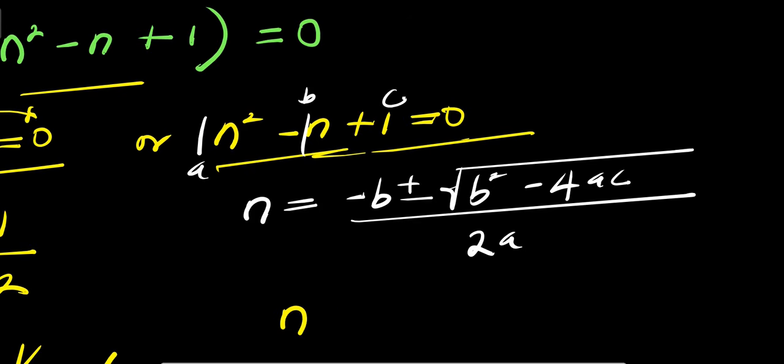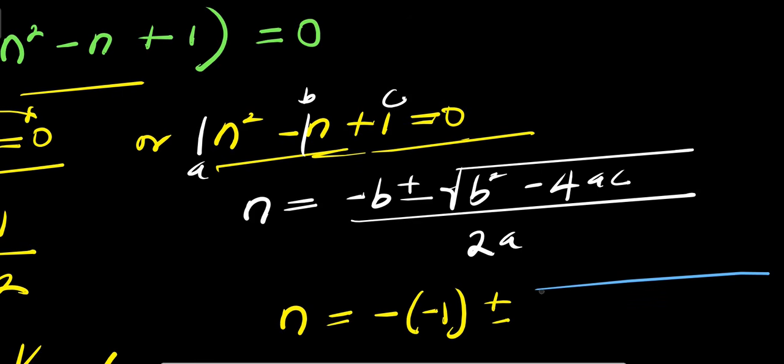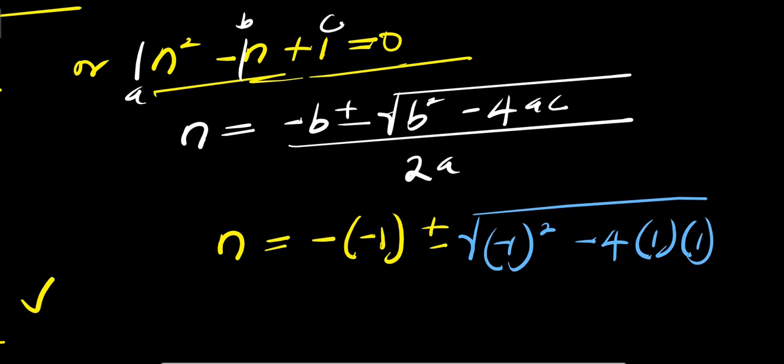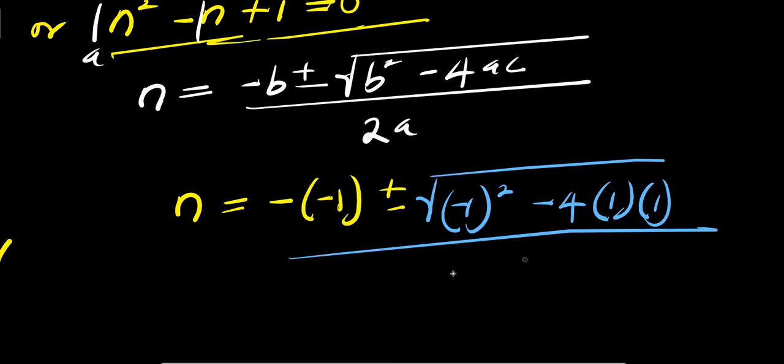So from here, I have n equals negative b, negative times negative 1, plus or minus square root of b squared, that is negative 1 to the power of 2, minus 4 times a, that is 4 times 1 times c, that is 1. So from here, we have divided by 2 times 1, that is 2 times a.